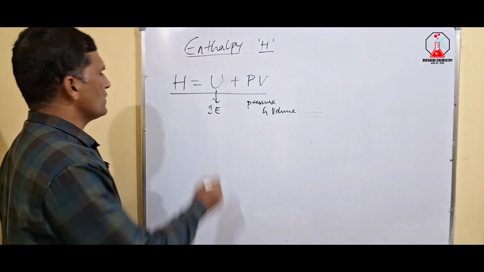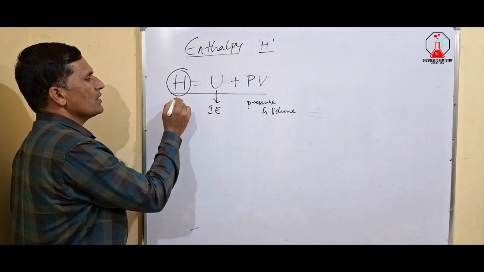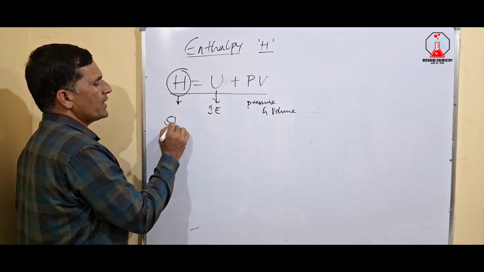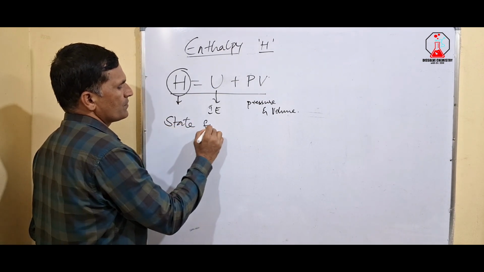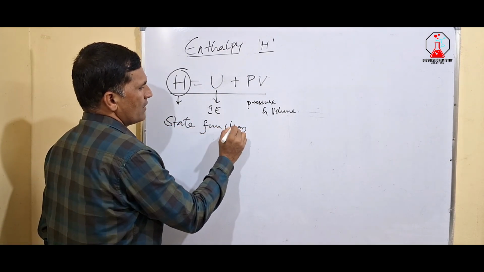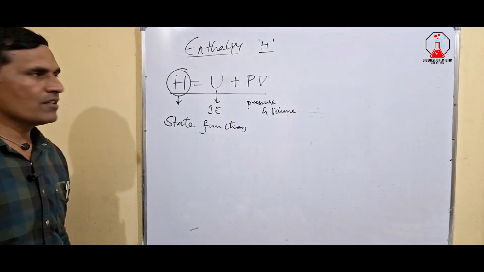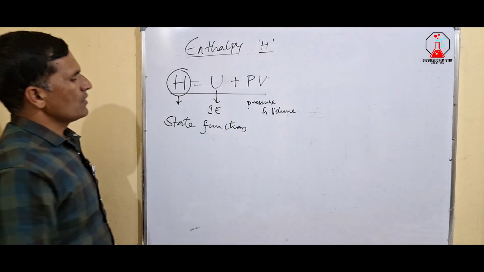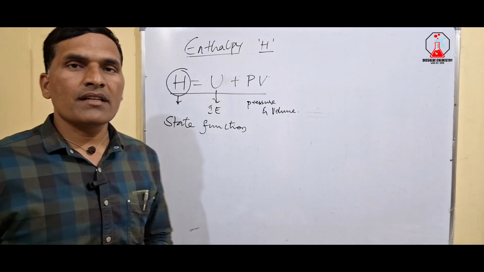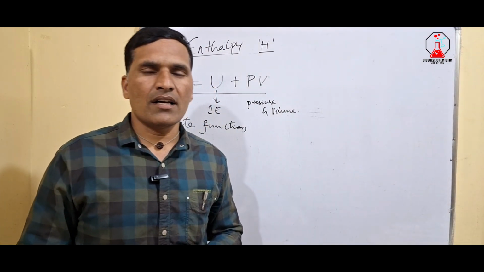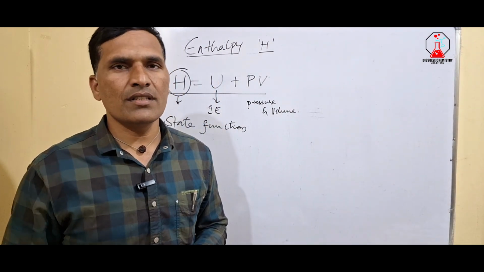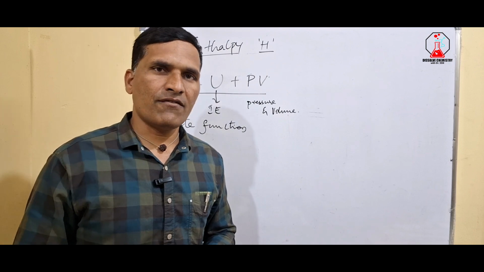So obviously enthalpy is also a state function. Therefore we cannot determine the exact value of the enthalpy; we can determine the change in enthalpy because it is a state function.